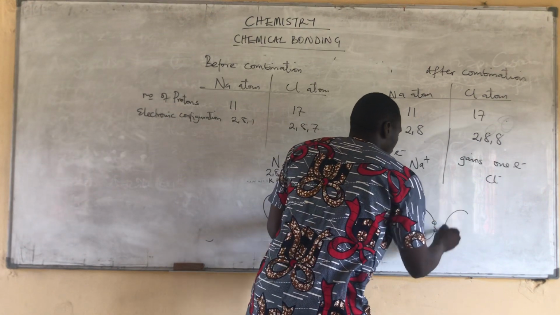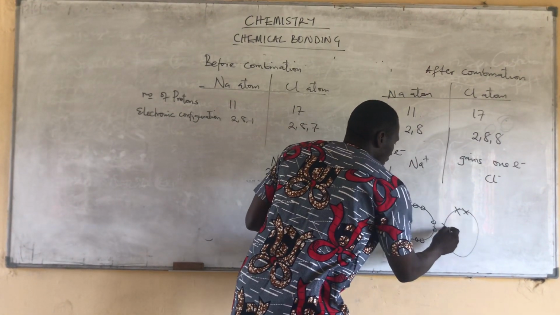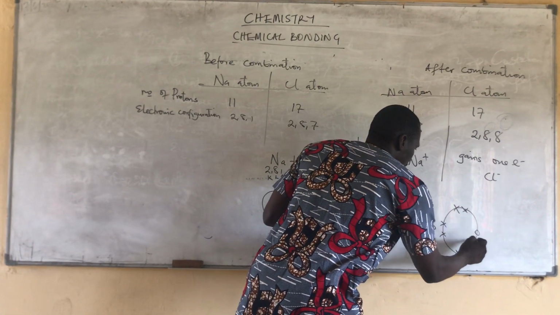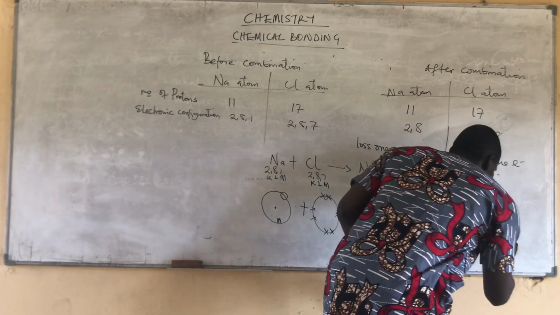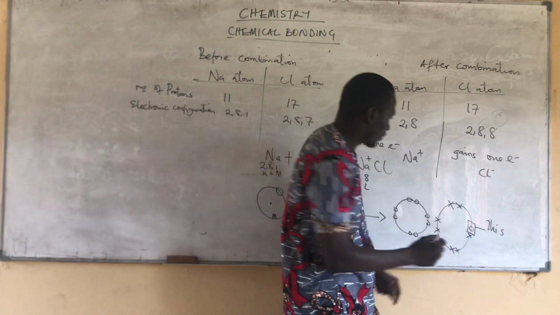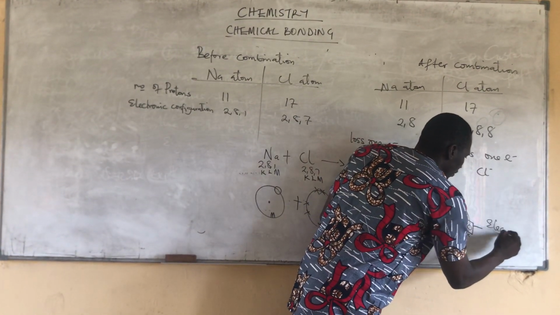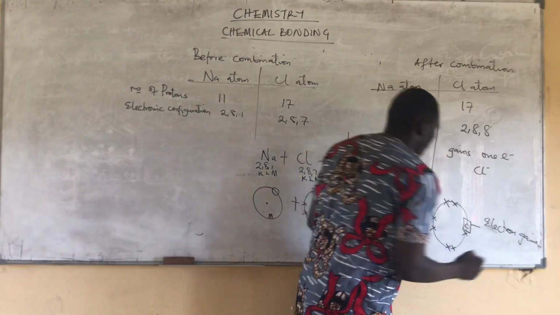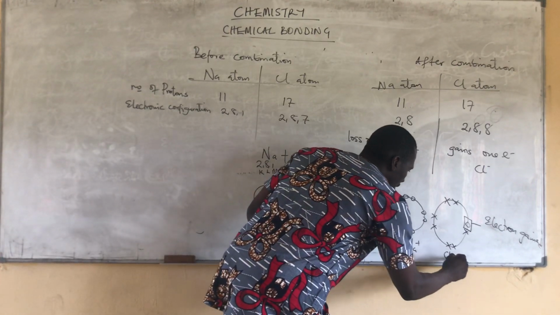And chlorine also has 1, 2, 3, 4, 5, 6, 7, and 8. This is the electron gain. So this is a sodium ion and a chloride ion.